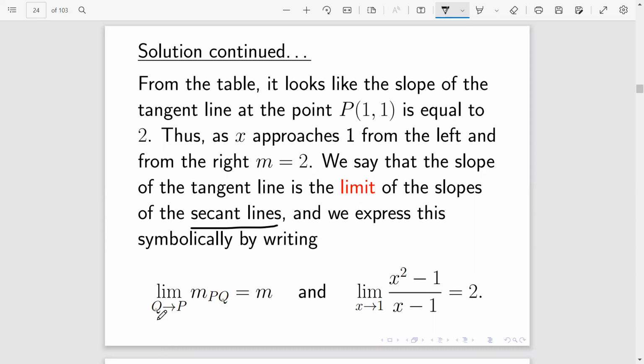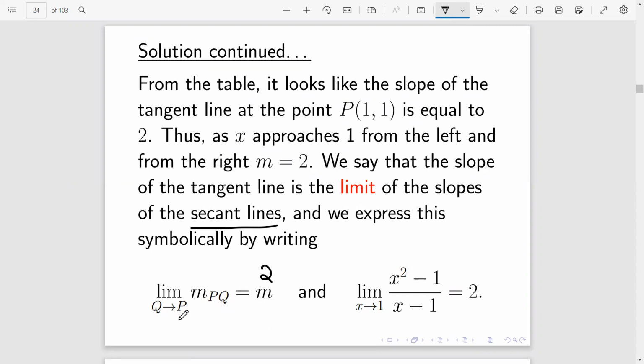Or you can say that when you take the point Q approaching P, the gradient between P and Q approaches m, which is 2 in this particular instance. So when you take the point Q along the curve and it approaches P, the limit as Q approaches P of the gradient between P and Q becomes m.